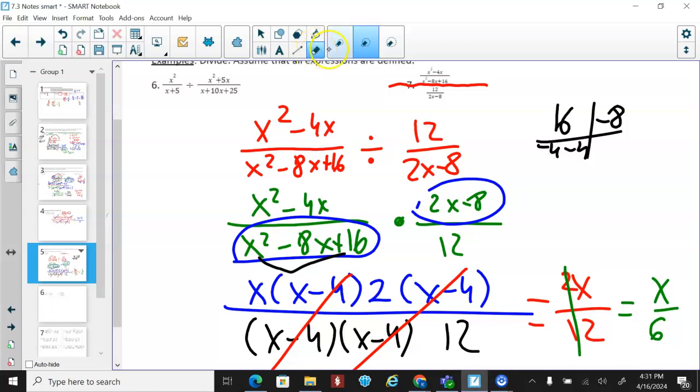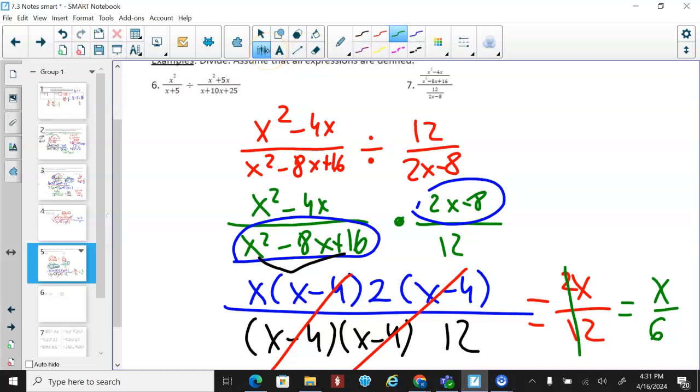All right, so for this function, for number 7, we have to make sure that we set the original function, which is 2x minus 8, equal to 0. So 2x equals 8. x cannot equal 4. And then, of course, the two factors, x minus 4 and x minus 4, also cannot equal 4. Right? Because if I plug in 4, I'll get a 0.